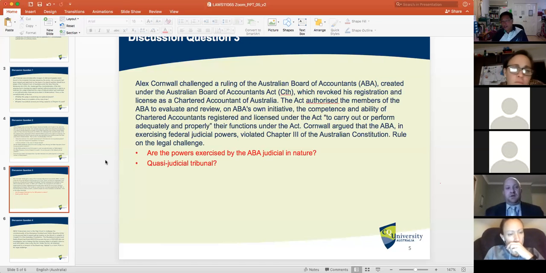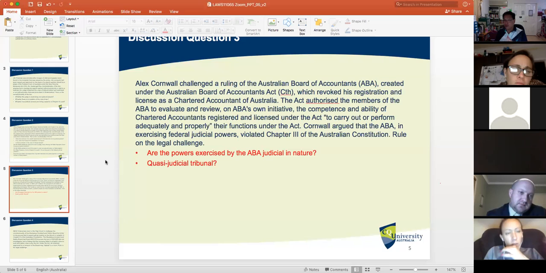If the next question then had been, was there sufficient evidence for the ABA to have arrived at the decision, that actually is a factual question, which can go before the court. But as I said, that is an administrative law question and is not a constitutional law question. I'm only attempting to answer the question because it has been raised, but that is not part of constitutional law. It is not a constitutional law question.